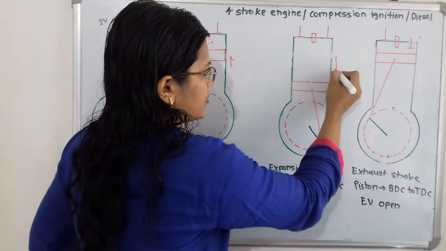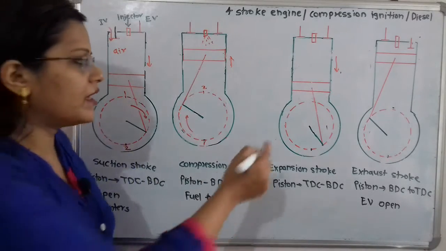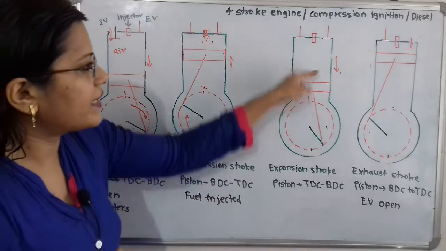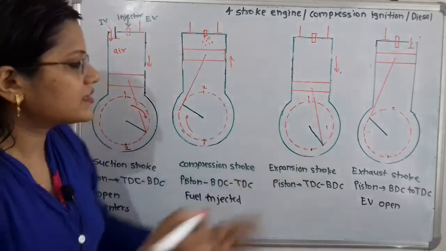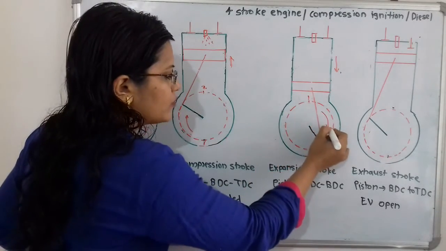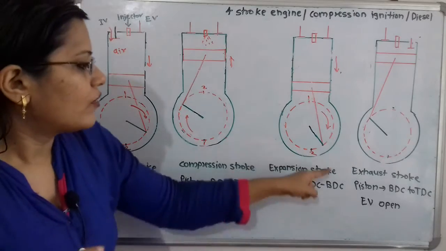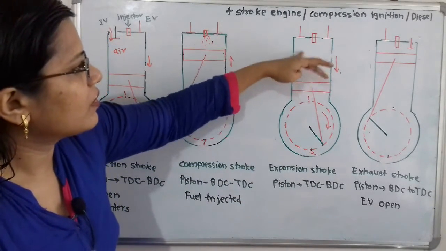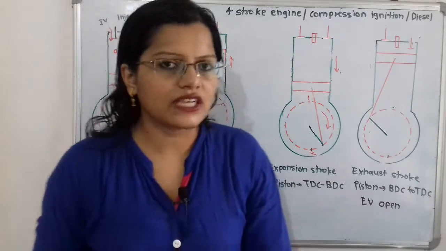I will show it here. Again, here is the initial position of the crank, 1. As the piston moves from top dead center to bottom dead center, the crank is rotated through 180 degrees and it reaches here. So in the expansion stroke, due to combustion, the expansion process takes place.